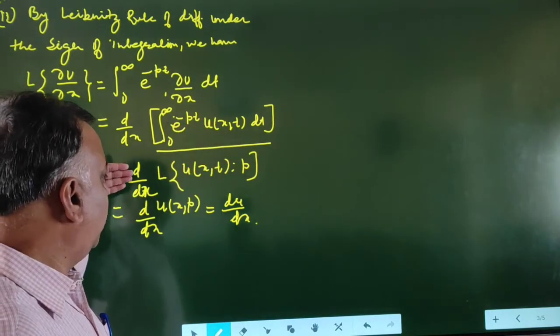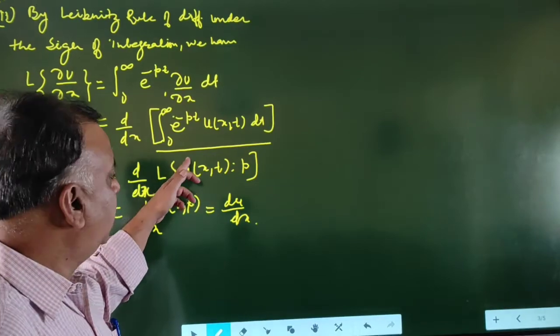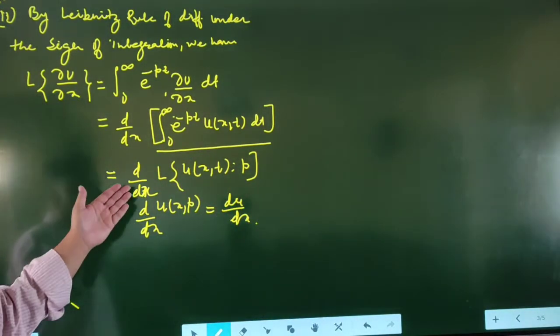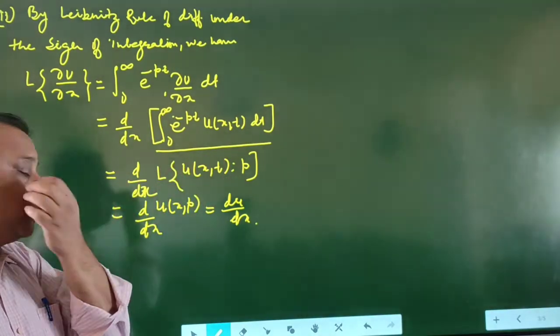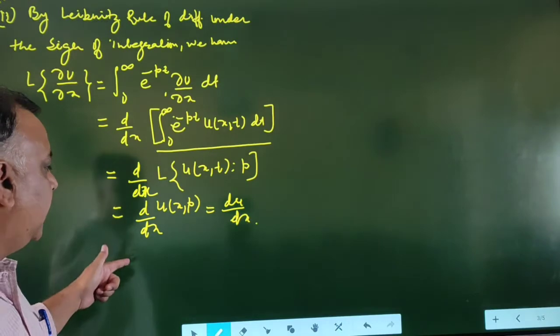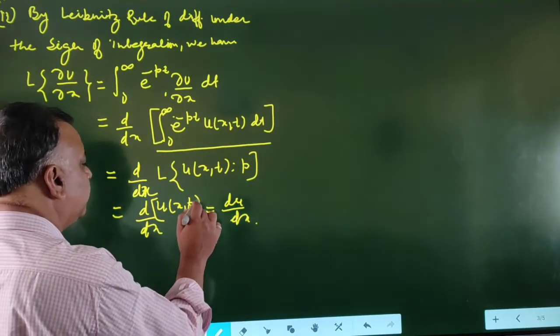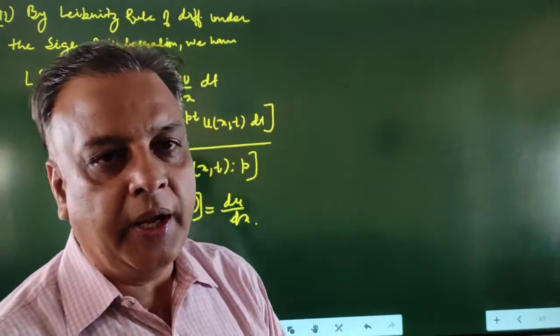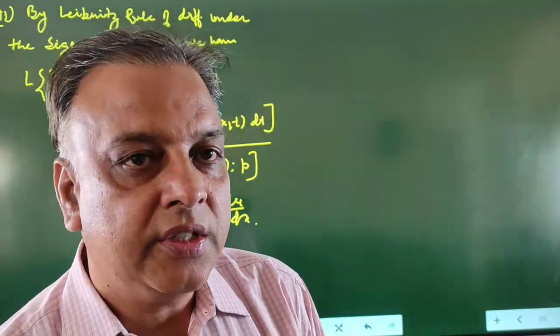So this is equal to d by dx of the Laplace transformation of u(x,t) with respect to p, which is u(x,p). So we can write it as d by dx of u(x,p), and this can be written as du by dx, which is the second result.